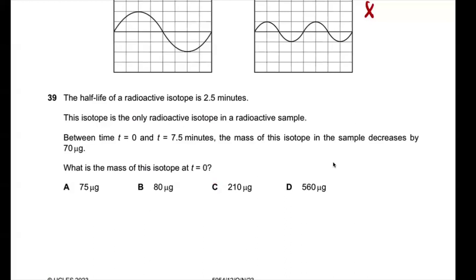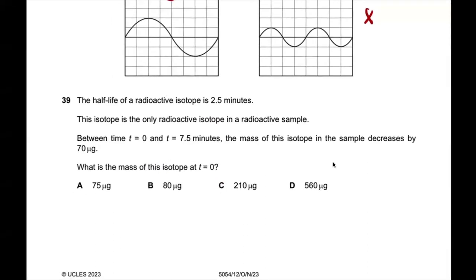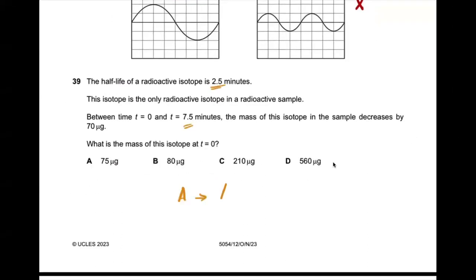All right. So for this, let's make a small arrow diagram as we usually do. Let's say this is the amount initially, A. Half-life is 2.5 minutes. So till 7.5 minutes, this would be 3 half-lives. So it halves to A by 2, then it halves to A by 4, and then it halves again to give us A by 8. It says the mass decreases by 70 micrograms. So A by 8 is what finally remains. A is what was there initially.